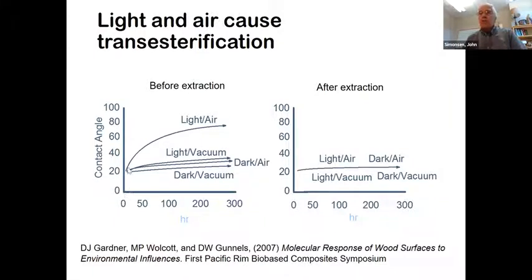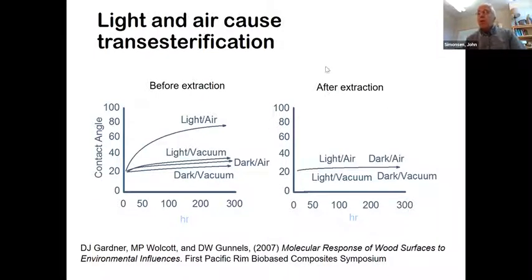So when the wood was exposed to light and air, and I don't know what species this is, we have to go back and look at the paper, you get this surface aging phenomenon very strongly. You go from 20 up to 70 something. But if you keep the wood in light and vacuum, or dark and air, or dark and vacuum, so if you get rid of the light or you get rid of the air, you get very little surface aging.